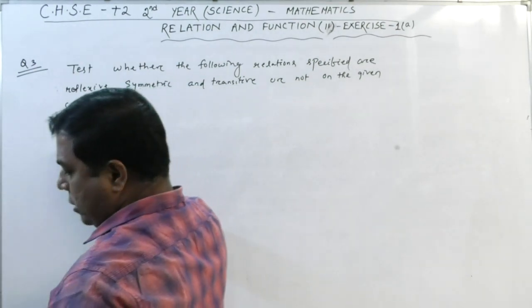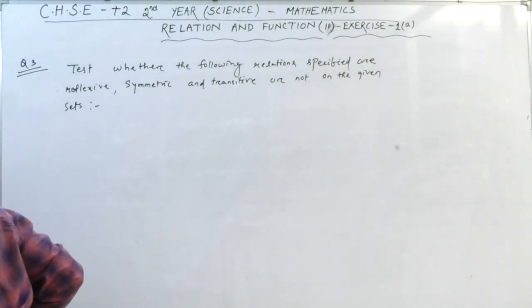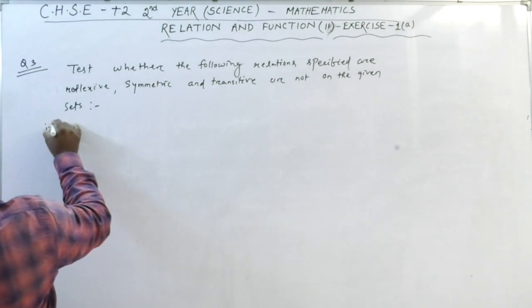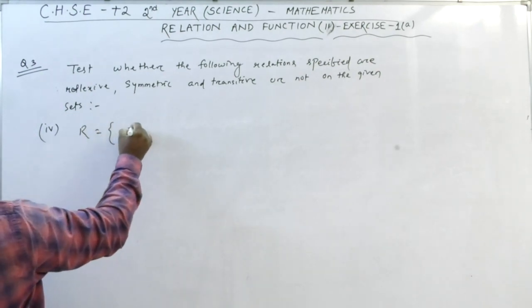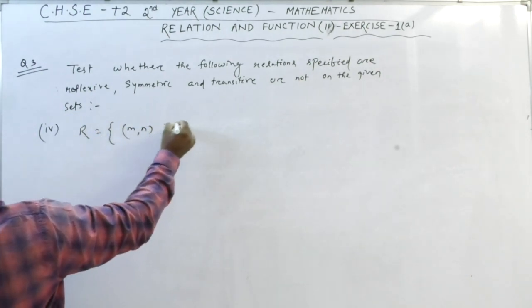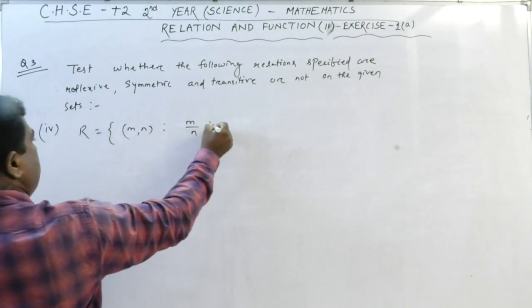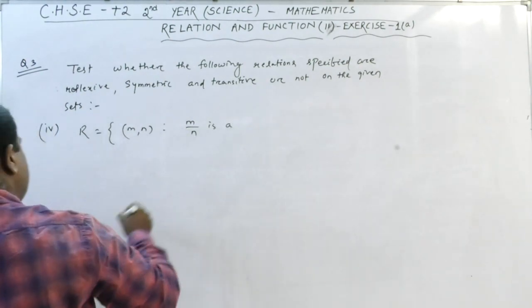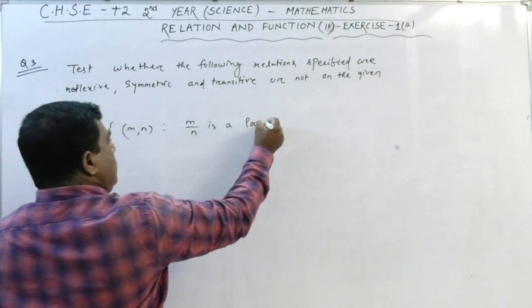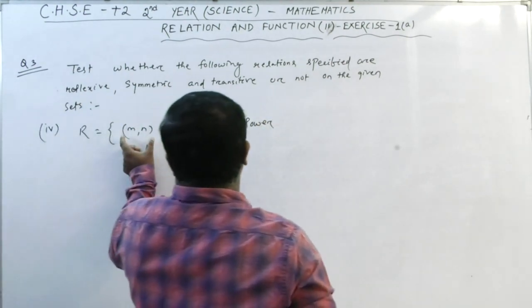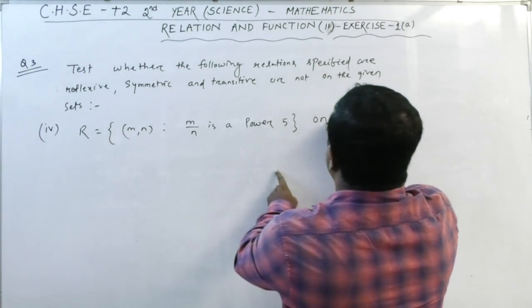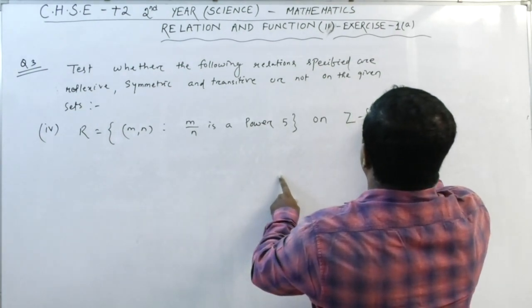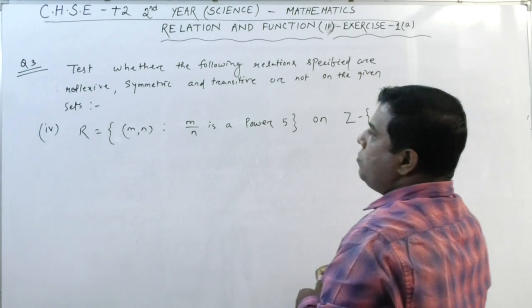Suppose we take another example. It contains the ordered pair (m, n) such that m by n is a power of 5, on Z minus 0, the set Z difference 0.